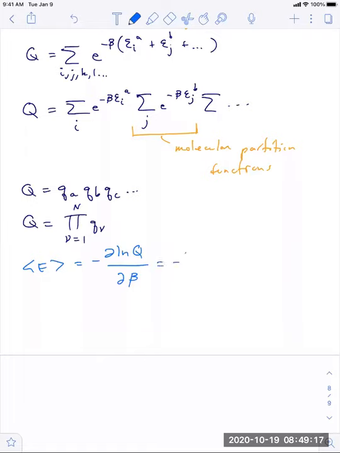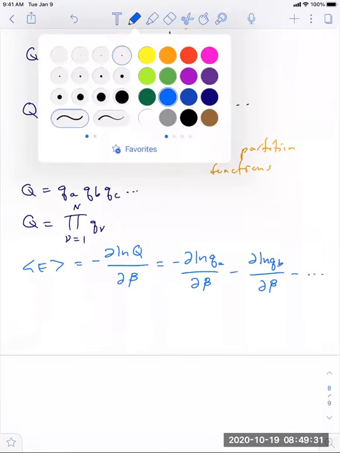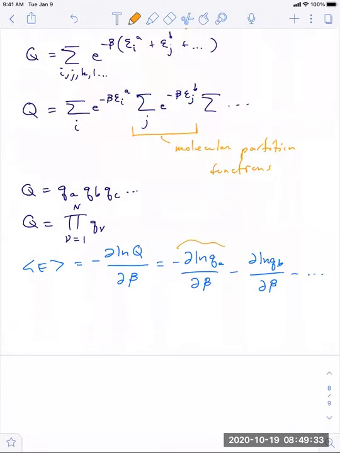So this equals the derivative of log q for A minus d log q for B over d beta, and so forth, where each of these is just the single particle energy.